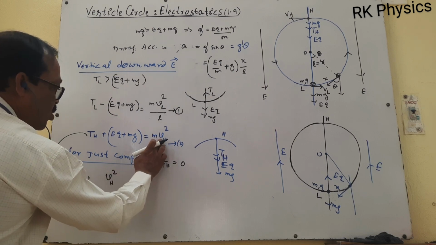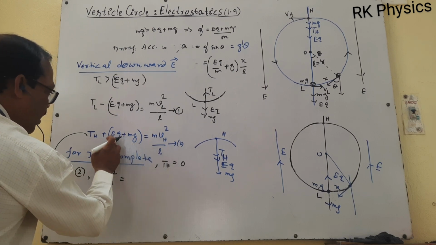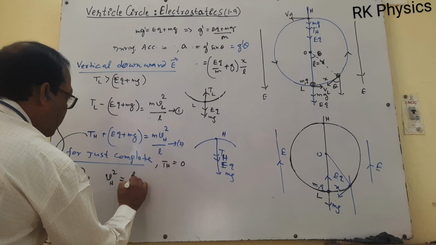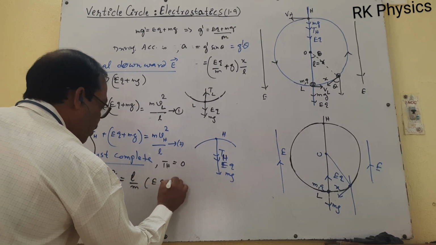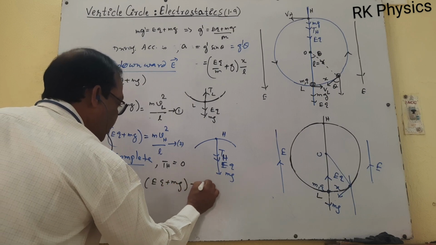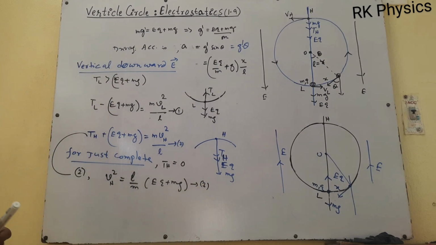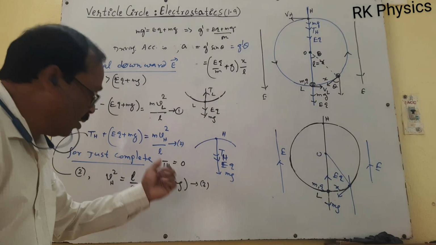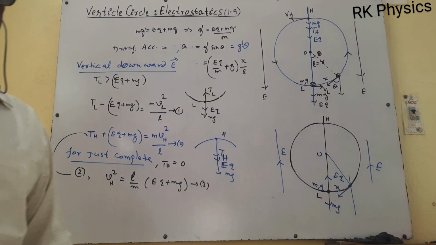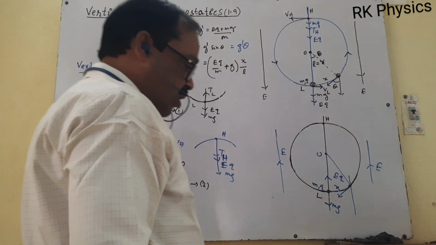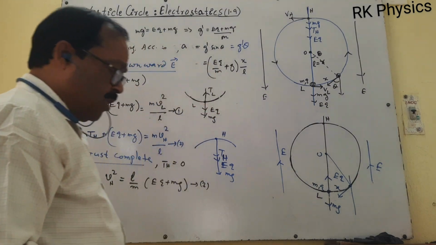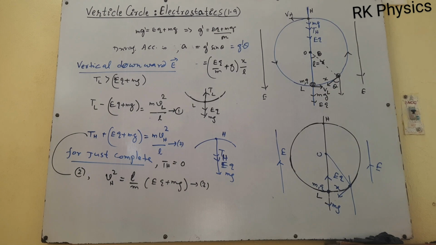VH square is equal to L by m into (EQ plus mg). So you will get equation 3. If all other properties are given, it is possible to calculate the minimum velocity required at the highest point in the presence of the electric field.